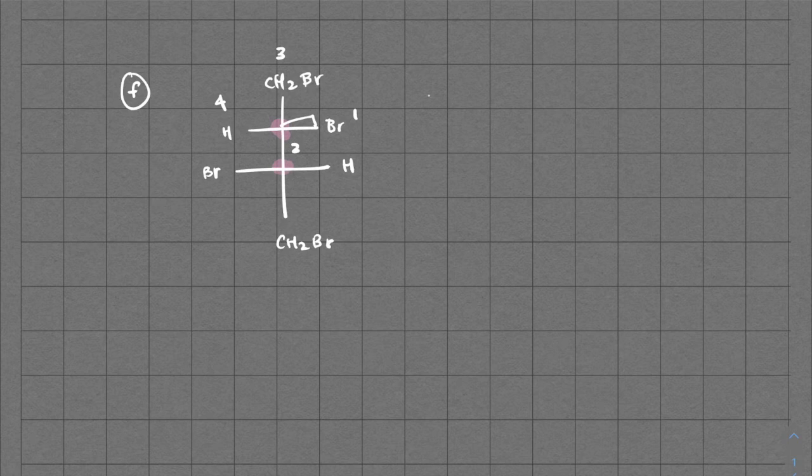It is rotating that way, so this one is going to be an S configuration. Now let's look at this carbon. 1, 2, 3, 4. It is rotating that way. So this one is also going to be an S configuration. Perfect.